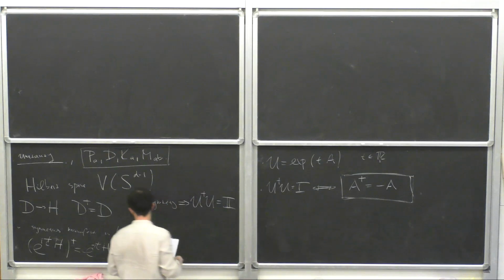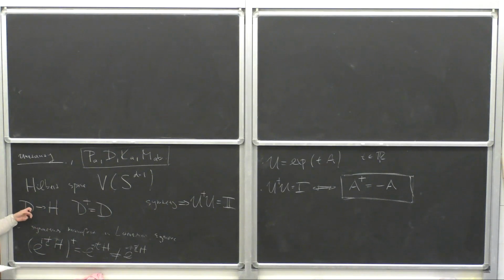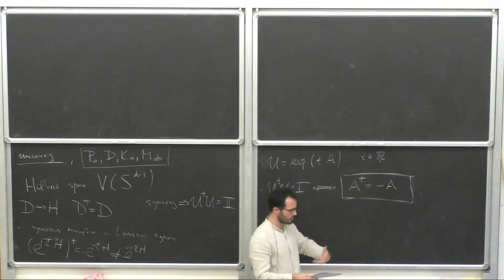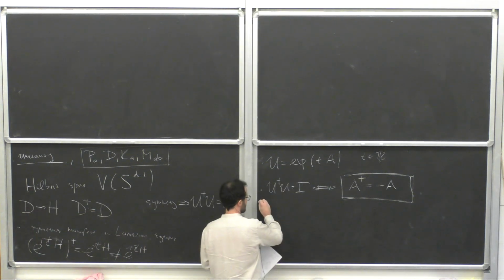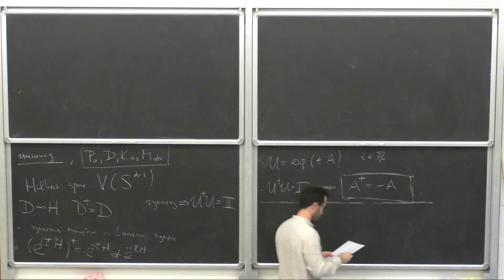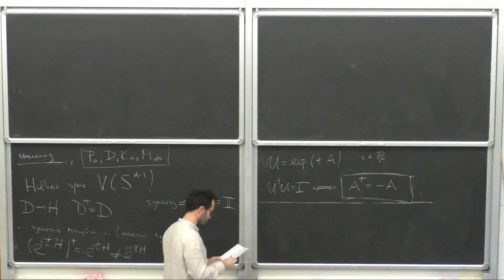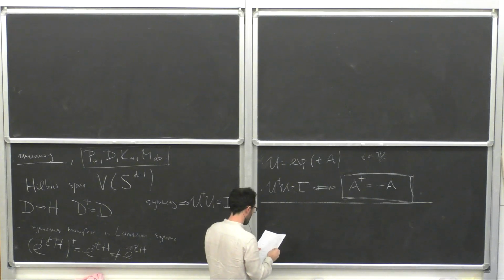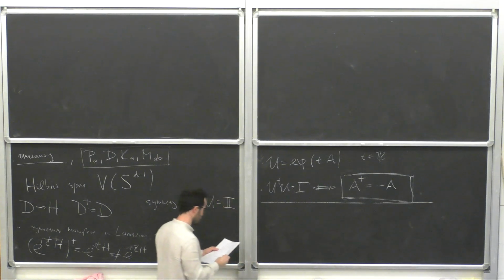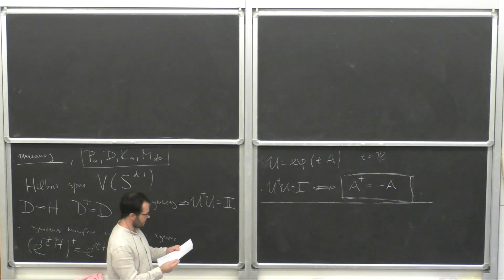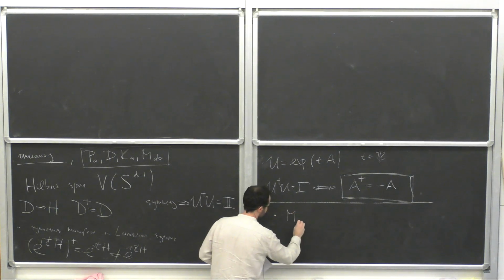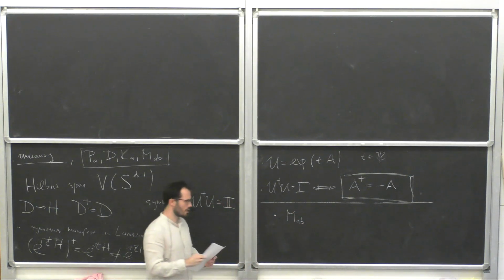So we already saw that D does not correspond to a symmetry, but I times D does. So I times D is anti-Hermitian, or in other words, D is Hermitian. So which of them are symmetries? Well, I guess it's kind of obvious that M_AB is a rotation, right?